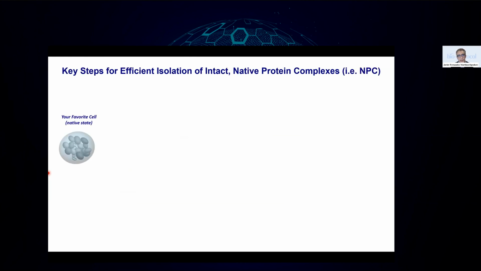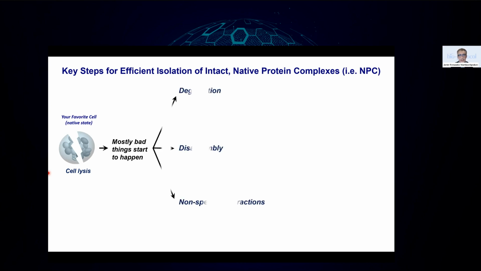Because, again, when we have our cells and we break them apart, the only thing that is going to happen is bad things for your complexes. And these bad things that start to happen are basically degradation, disassembly, and non-specific interactions.